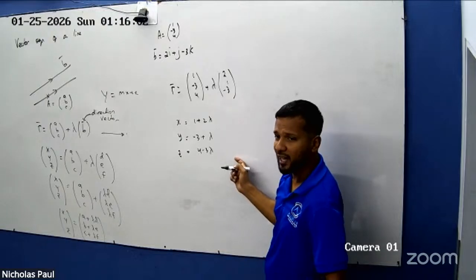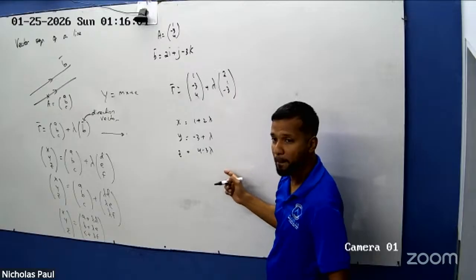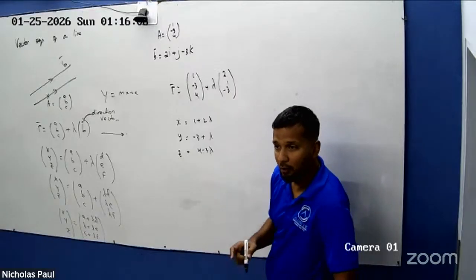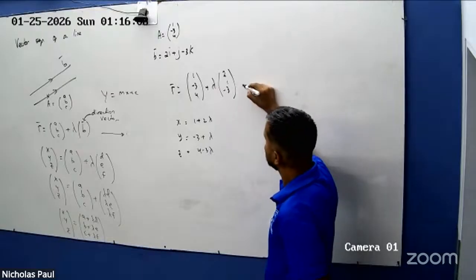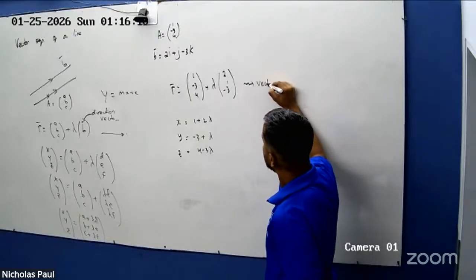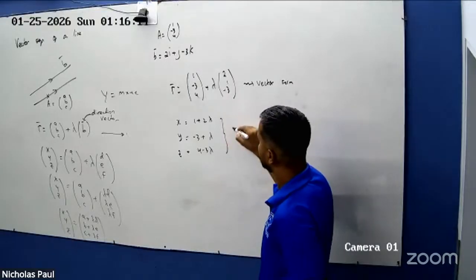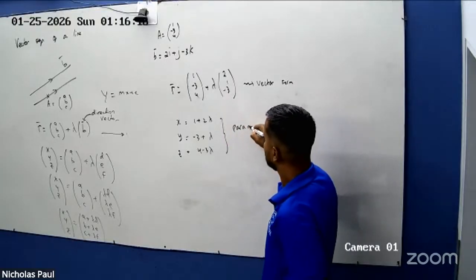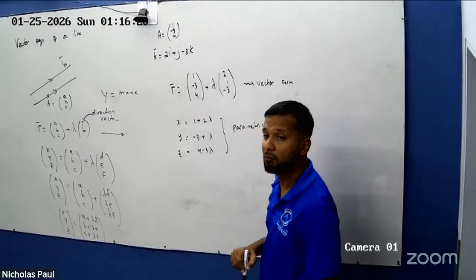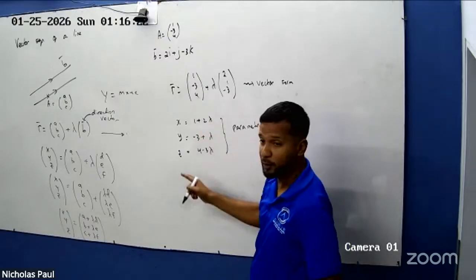How are we getting Cartesian again, Joseph? Make lambda the subject in all, right?